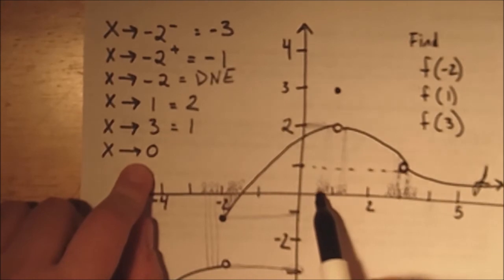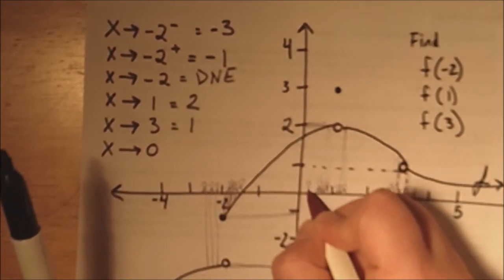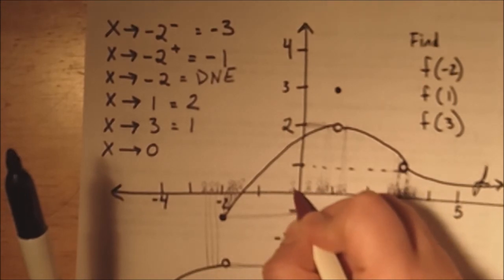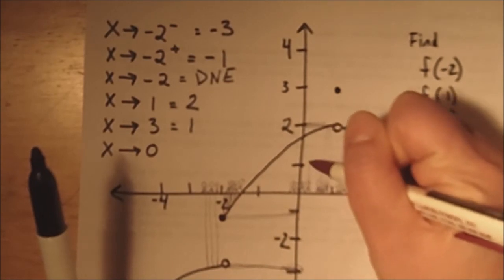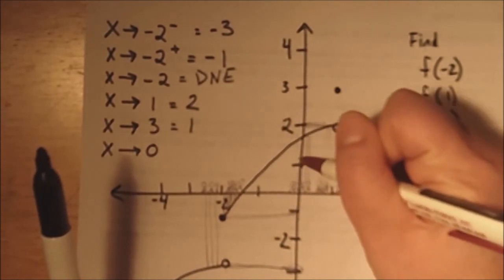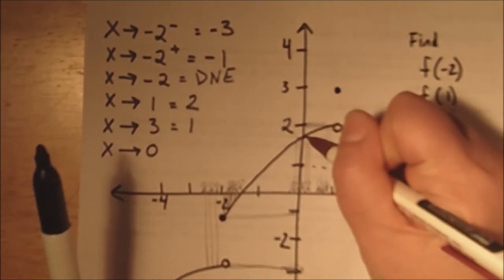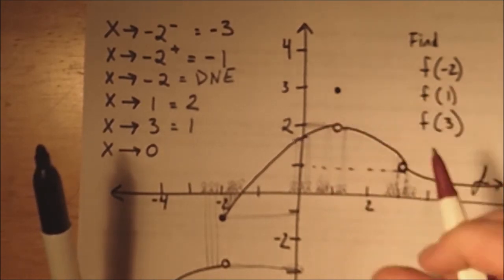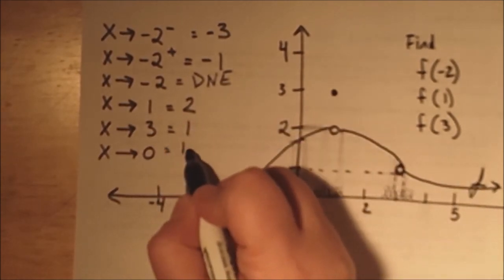If I walk up to the origin here and look up at the function, I'd have to estimate this one. It's not a nice whole number answer, but I'd be just less than 2. So maybe I'll estimate that at 1.7.